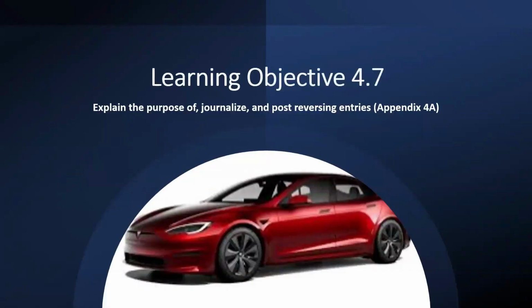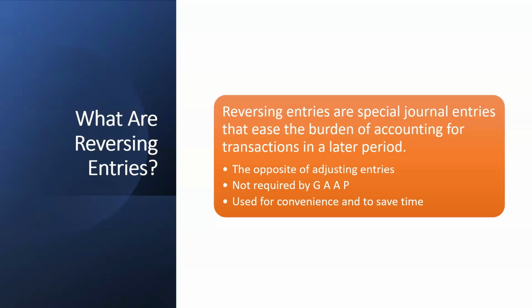Learning objective 4.7, explain the purpose of journalizing and posting reversing entries. What are reversing entries? Typically, when accruals are recorded, both an expense or revenue and a corresponding payable or receivable are documented.